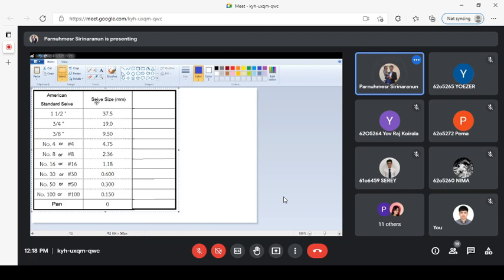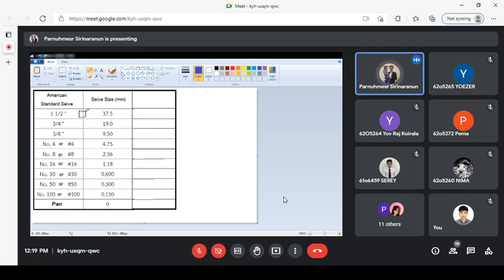That code tells you the size of the opening of each sieve. The opening of the sieve is not rectangular, it looks like a square. Clear?